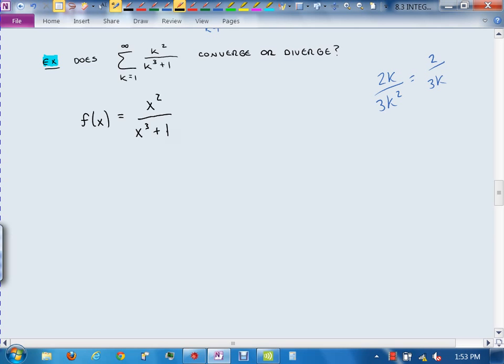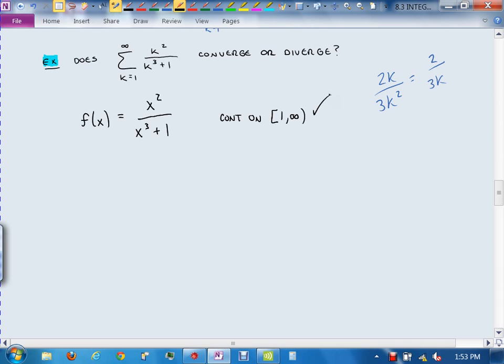Is it continuous? Yes, it is, because there are no values that are going to mess this up except what? Negative 1? And that's not even a concern because I'm not in that interval. So that's a continuous function.